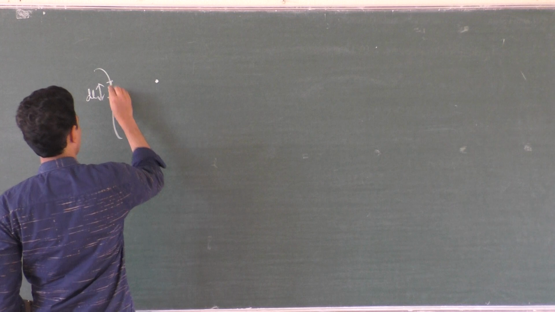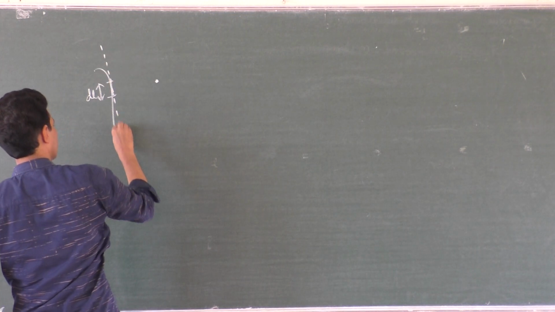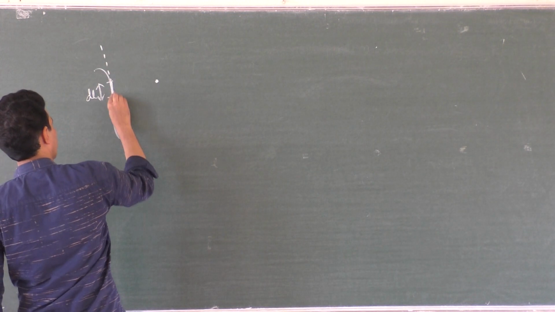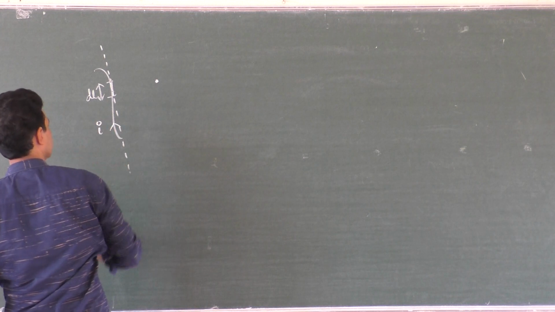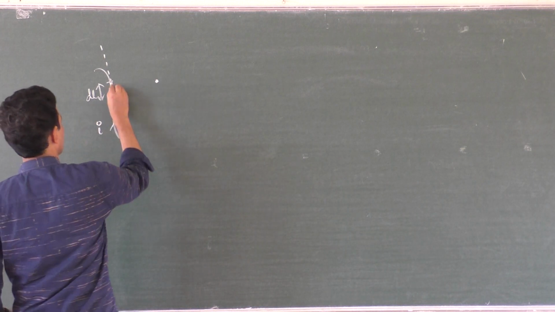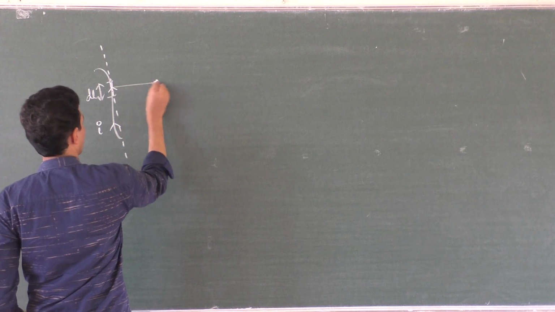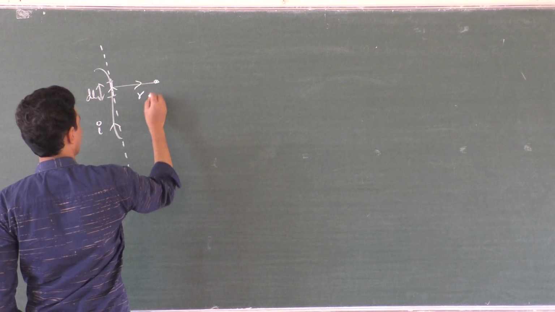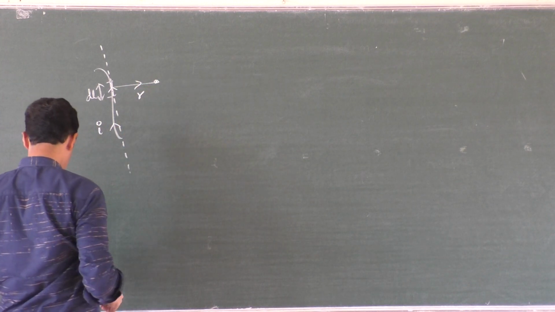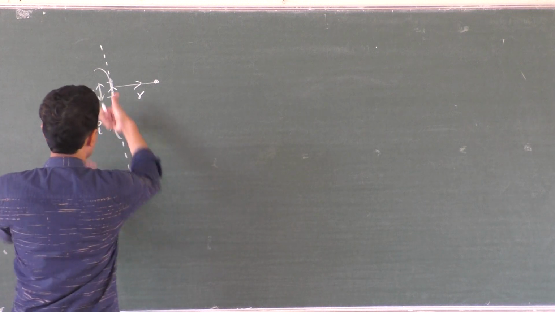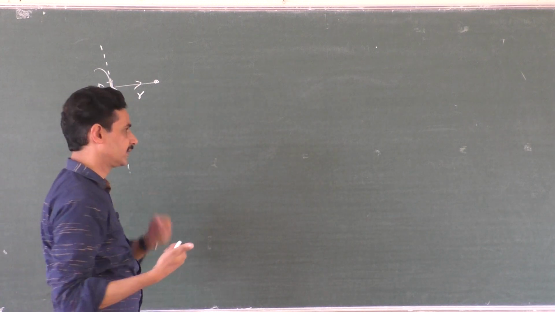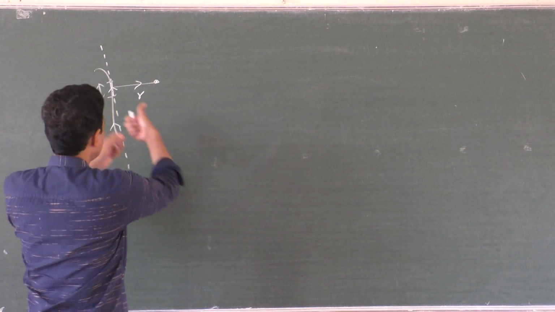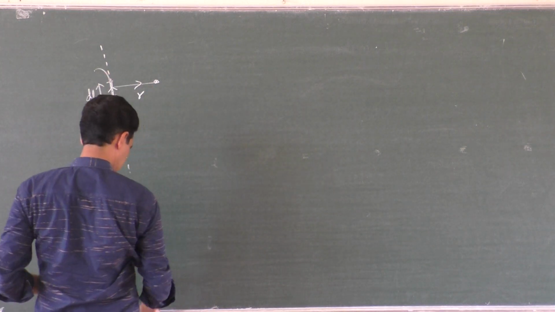So select a point here, and a part of the conductor carries current like this. If the current is in this direction and you join the point by a radius vector r, then you know that if you clasp it with the right hand, the right hand clasp rule gives the magnetic field due to a current element. Clasp it with the right hand, the fingers show into the board.